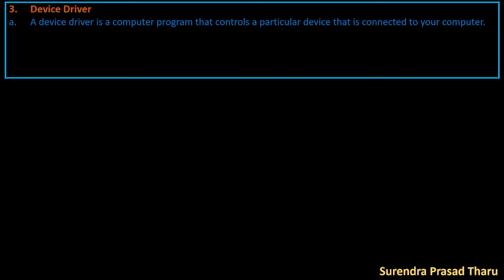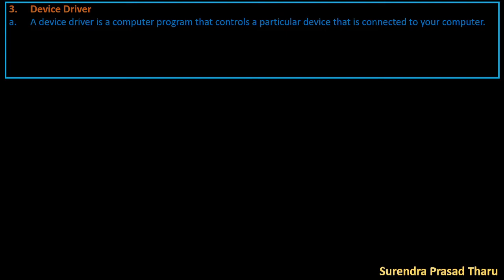Many device drivers are already integrated as part of the operating system, like the USB port device driver and modem device driver. That's why we can directly connect that device to our computer system and use it.